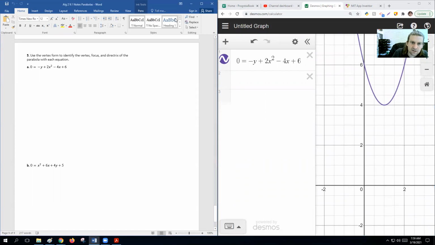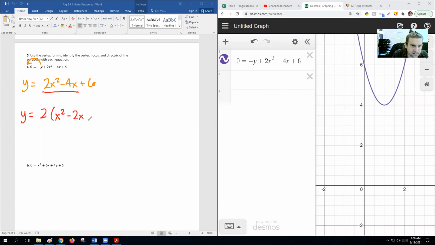What we have to do with the equation is get the y by itself, and we got 2x squared minus 4x plus 6. So let's work on that x part. We have a 2 that we have to factor out. When we do that, 2x squared just goes to x squared, and if we take away the 2 from the -4x, that becomes -2x.